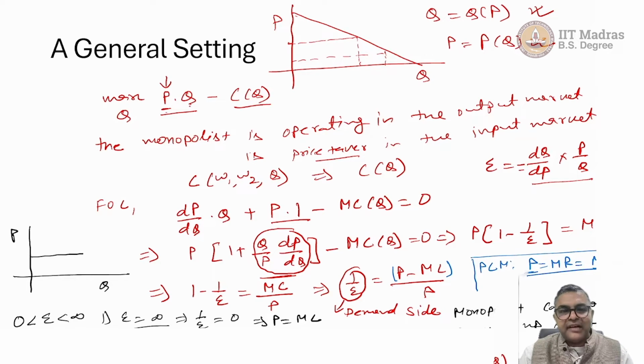If it is very, very elastic, even if a monopolist would like to have a very high price, it cannot ask for a high price; it has to go with the MC, near to MC. But if price elasticity is much lower, then it gives the monopolist a lot more freedom to charge a higher price. Now that's what we understand.